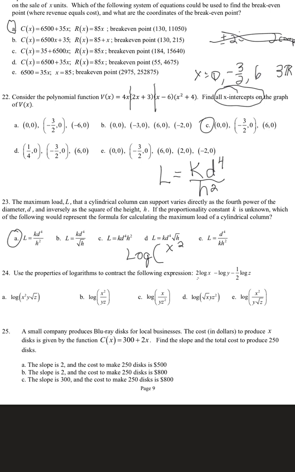Any minus means put it on the bottom, and that would be a y. And then the 1/2 out front means it was a power, but a 1/2 power is the same as square root. So there it is, and answer E.